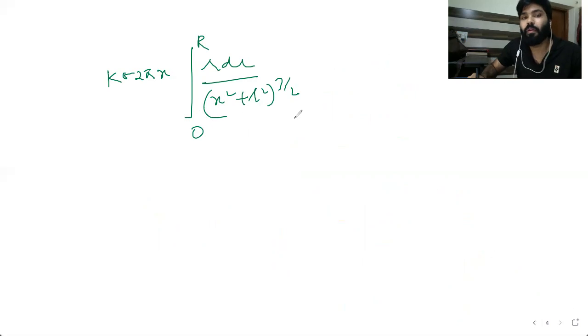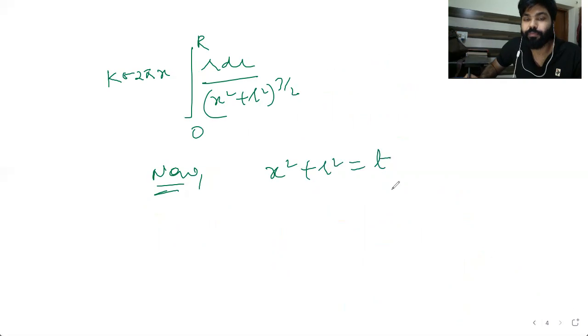Now, the integration of this expression can be solved through substitution. You can put X square plus R square as T. When you differentiate this expression, look, X is constant, which is fixed.